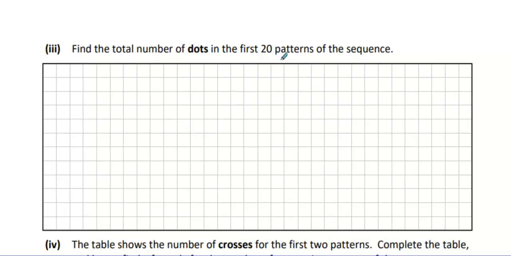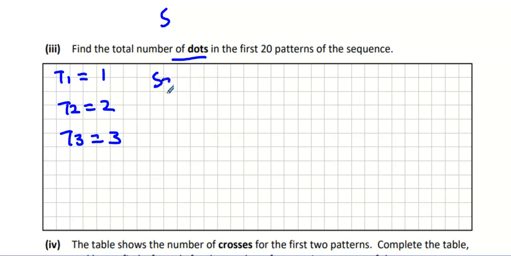Find the total number of dots in the first 20 patterns. Now, please remember, if T1 is 1, T2 is 2, T3 is 3, what they're asking for is the total number of dots. They're asking for an S formula. So, for example, S3 would be T1 plus T2 plus T3, which would be 1 plus 2 plus 3, which would give me 6.